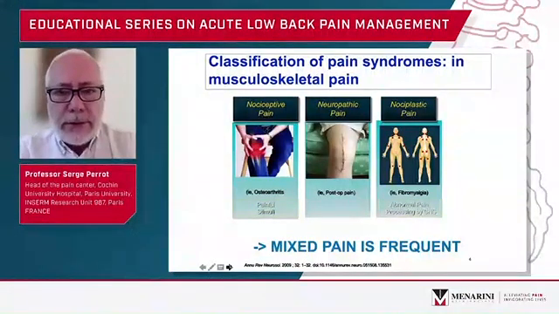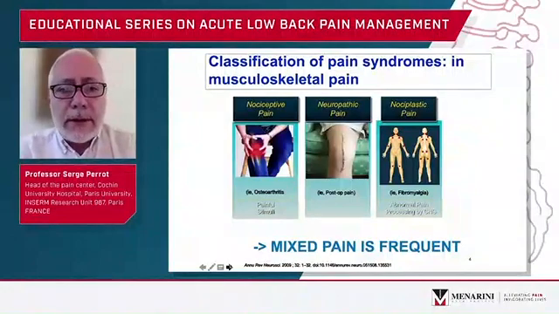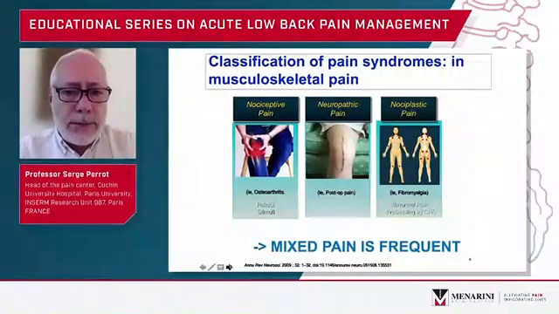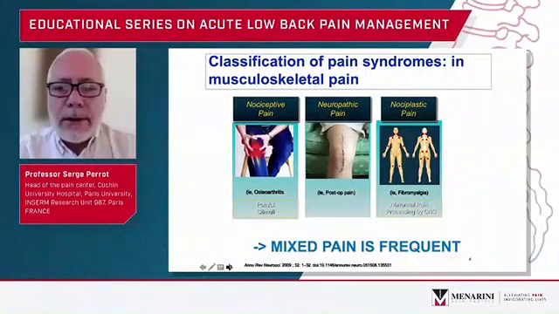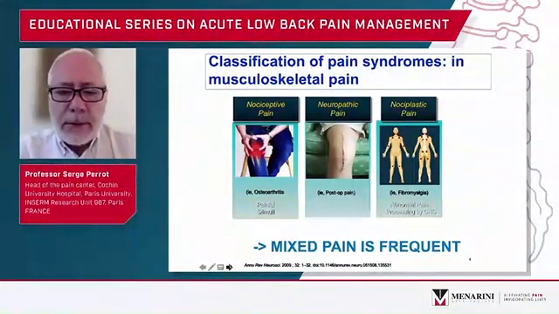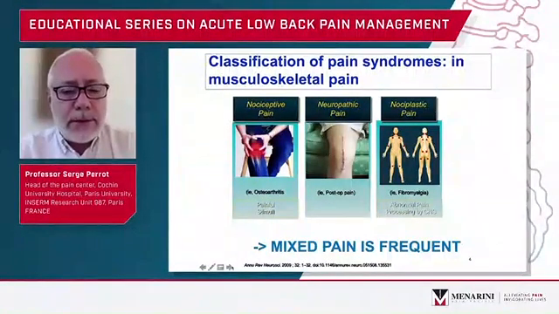There are also neuropathic pain mechanisms, because pain is mediated by nerves, and when there are alterations of the nerves, neuropathic pain mechanisms are starting. And lastly, there can also be more diffuse, more complex pain, that is nociplastic pain, for example, fibromyalgia. In acute back pain, we will see that mixed pain is very frequent, and there is very frequently a combination of nociceptive and neuropathic pain mechanisms.